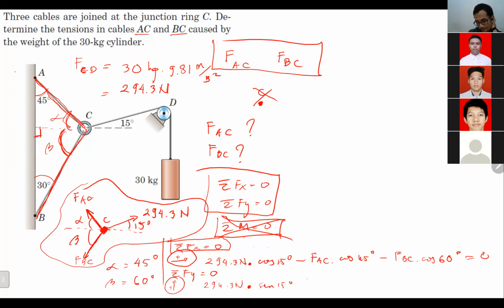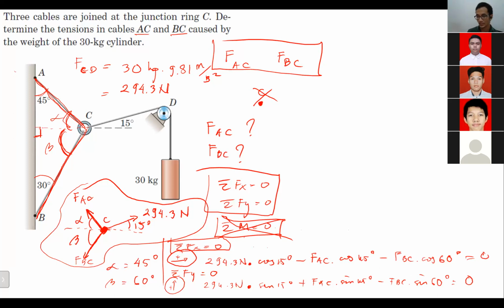Positive, negative? Positive, it's going up. Correct. And then plus FAC sin 45 degrees, because it's going up. Then minus FBC sin 60 degrees equals 0.